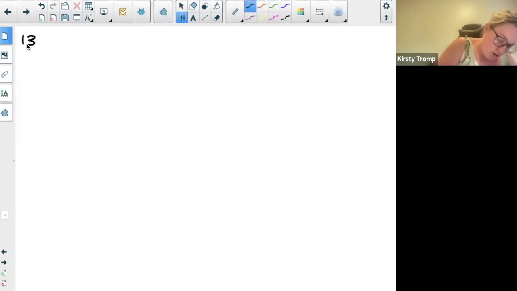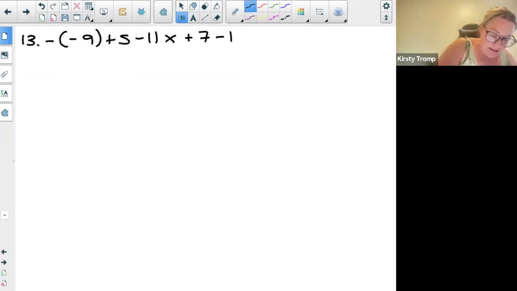Right, number 13. We've got negative, open brackets, -9 plus 5 minus 11, times by +7 minus 17. So tip 1, okay? Tip 1 is that it's really important to make sure you've written the question out properly.